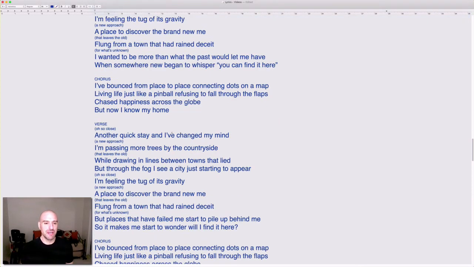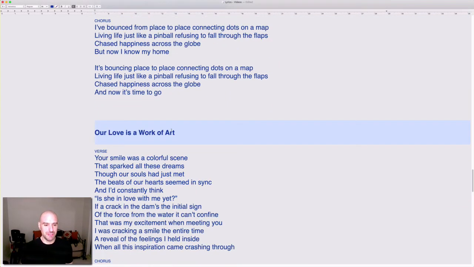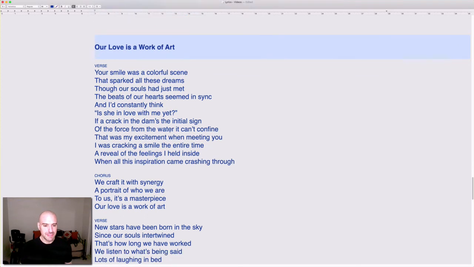And along those same lines, we can see something similar happen in the song Our Love is a Work of Art. We have this line here, the beats of our hearts seemed in sync. So anytime you're talking about something that's happening within your own body, then you could think about this as an organic sense. Any kind of muscles tensing or heartbeats or anything like that.